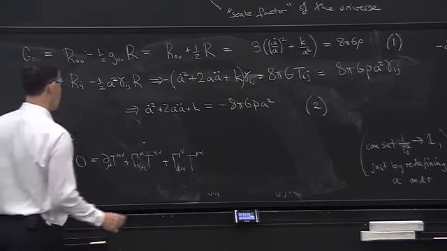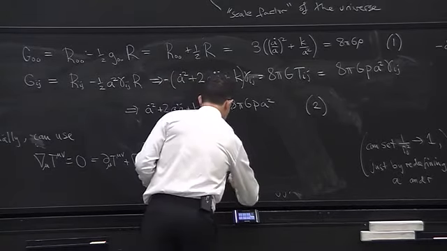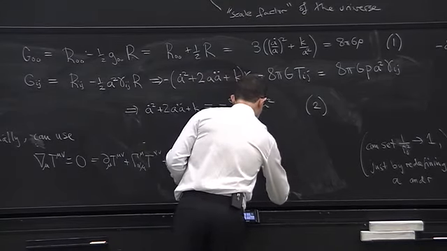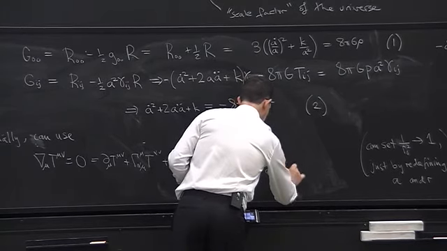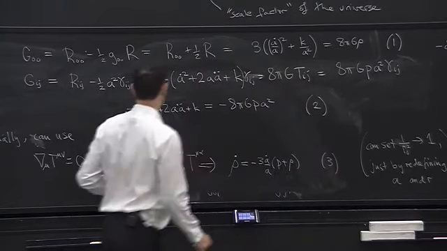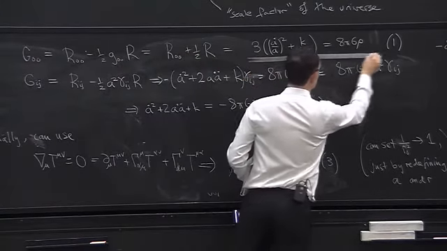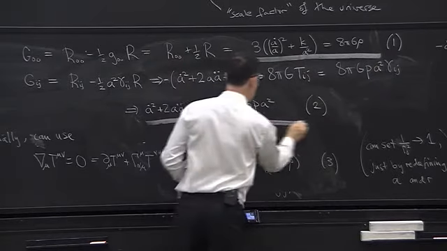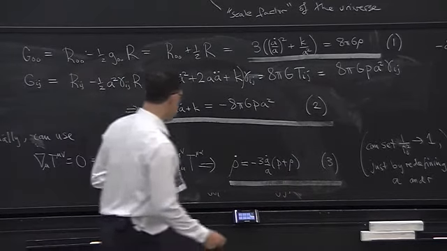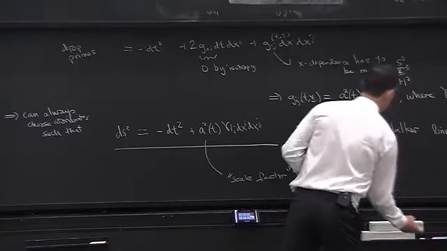Okay. So this leads to the following equation. I'll leave it to you to check. That rho dot is minus 3 a dot over a times p plus rho. And that's equation 3. Okay, so the equations we get are 1, 2, and 3. And these are the equations describing the evolution of a Friedmann-Robertson-Walker universe.